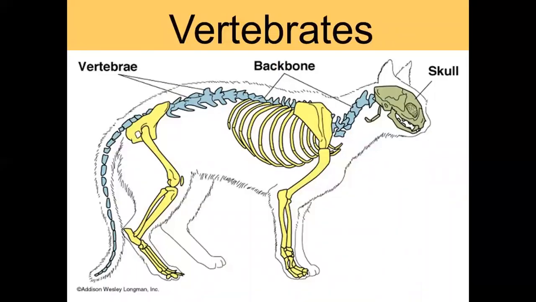Look at this skeleton. It is the skeleton of a cat. You can see that there is a skull with a backbone. That backbone is actually made up of a number of small bones. These small bones are connected to each other, and these small bones are known as vertebrae.